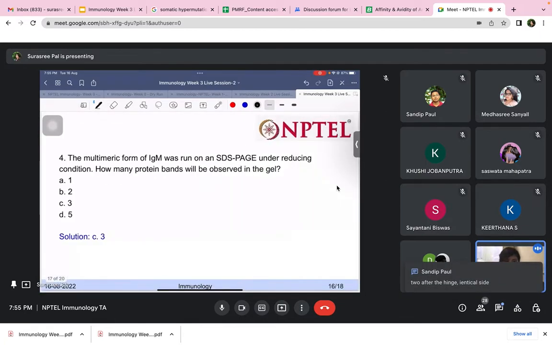So the correct answer is, yes, 2 after the hinge identical site, right? Exactly. So the correct answer is 3. So 3 bands will be observed.